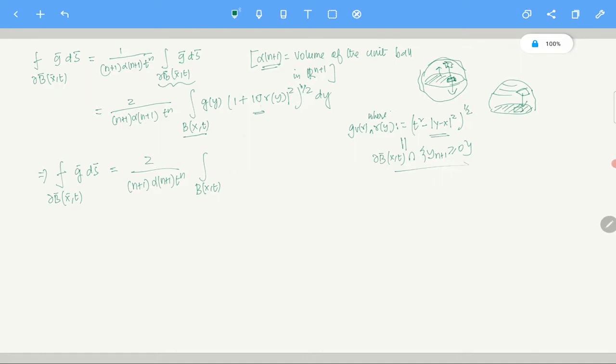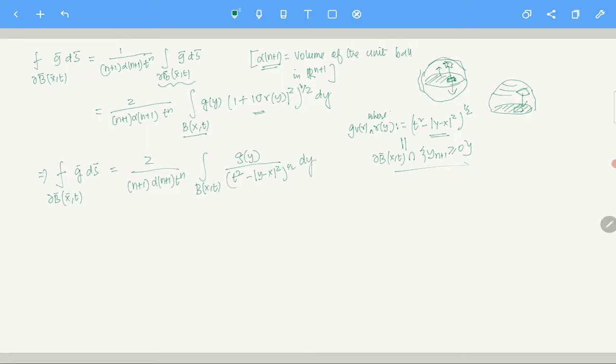We'll just calculate this and replace it, and I can skip the calculation, I think. That is quite evident. It's not very difficult to calculate, of course: (t squared minus mod y minus x squared) whole power half dy.